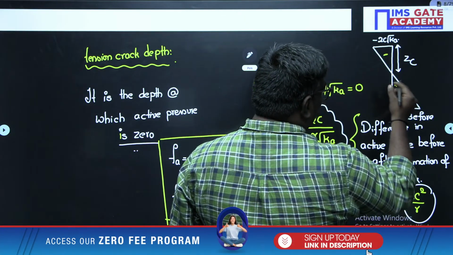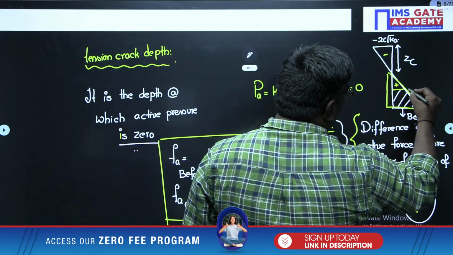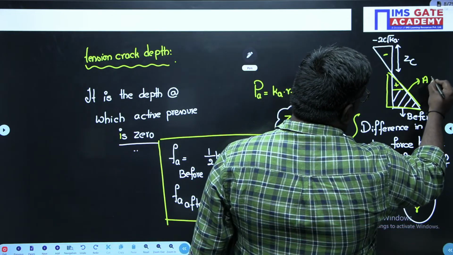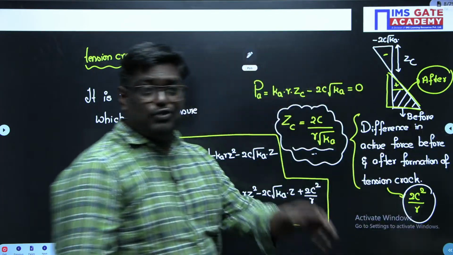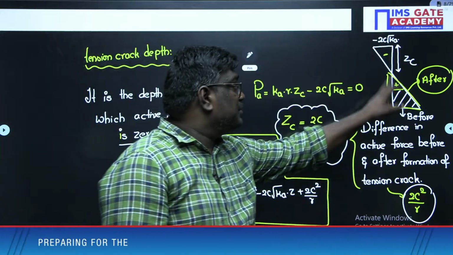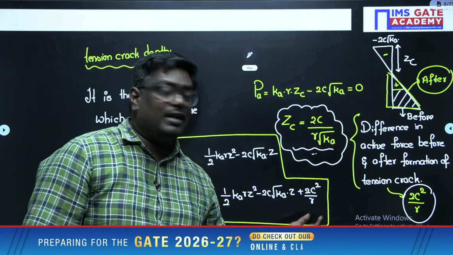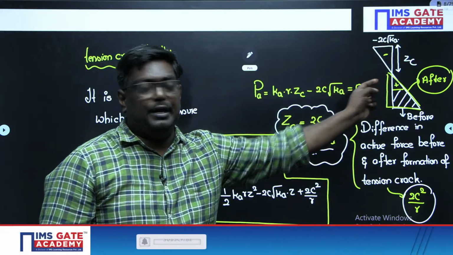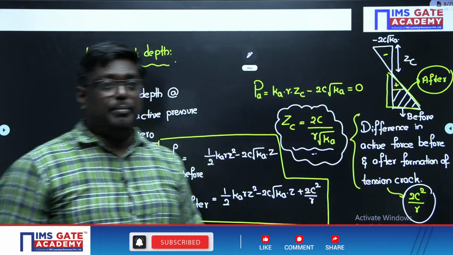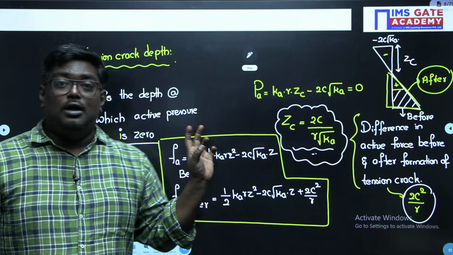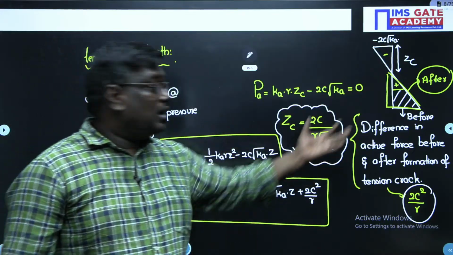If you want to find out after formation, whatever is there in the yellow, the full triangle, this is after formation. Sir, how to remember whether trapezoid or a triangle? After formation, you are having an extra value, so it should be a triangle. Before, it can be a trapezoid. That is how you have to remember. So I hope you are clear how to calculate the tension crack before and after, and what is the difference in active force, right?